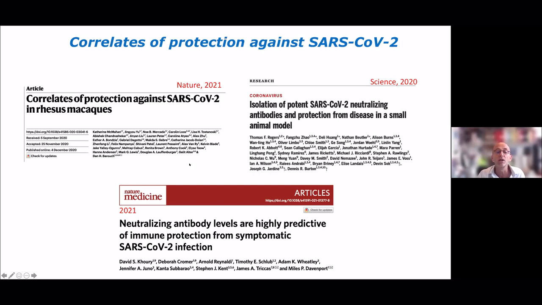This has been shown initially in animal models, including macaques and small animals like rodents, but this is also the case in human beings. So when you have a decrease of the levels of antibodies, you will probably get more and more breakthrough, as described by Nassim in the previous talk.